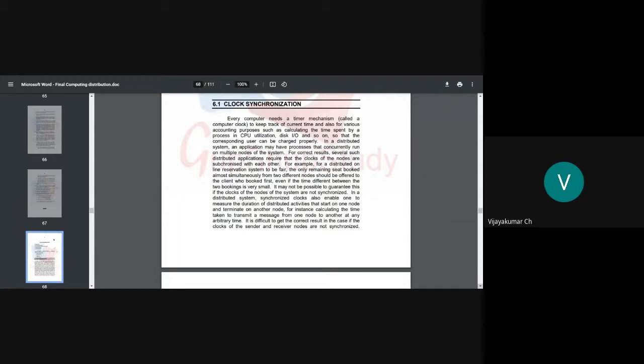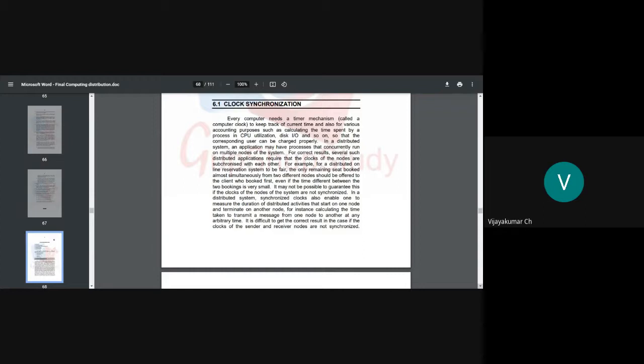However small the time difference is, the priority will be given to the first one.